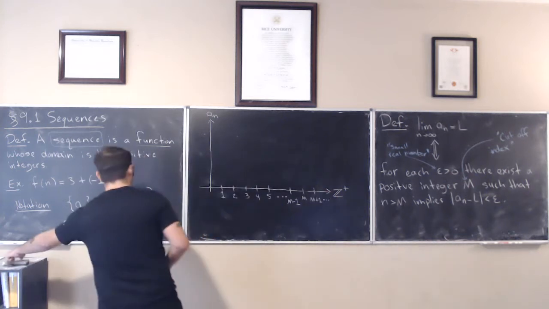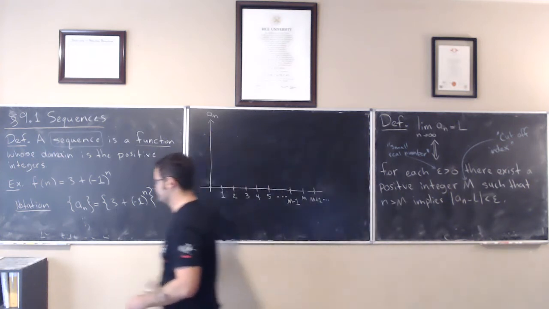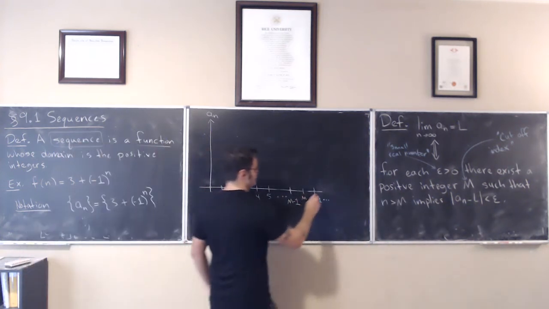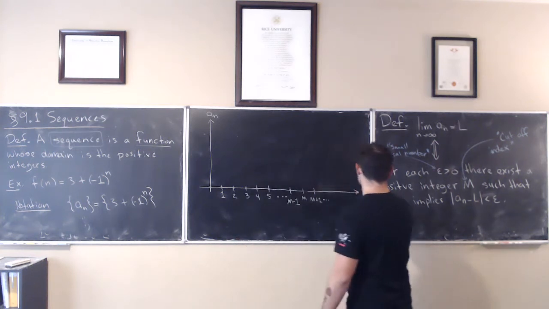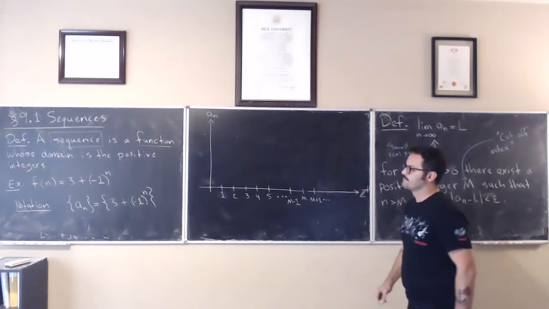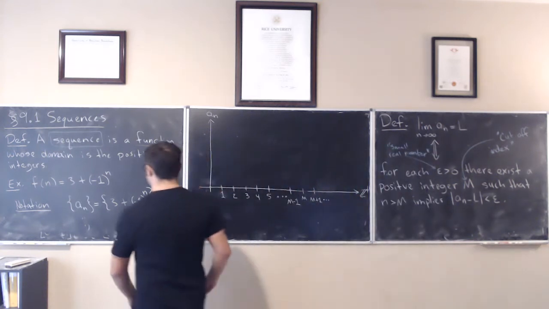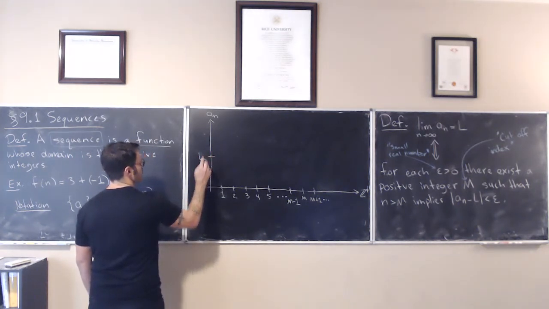I need to make my line a little bit bigger here. Again, this axis is positive integers, and it just goes on this way. And suppose there is a number L right here.